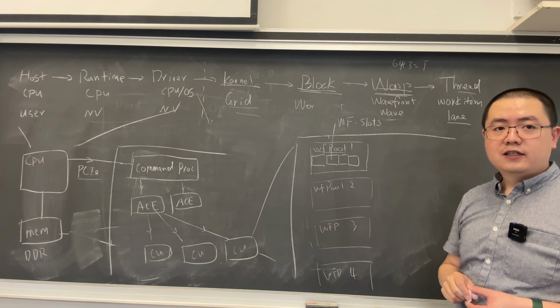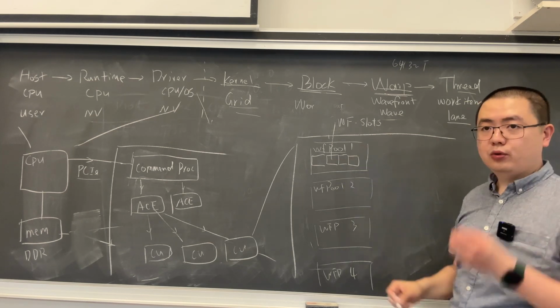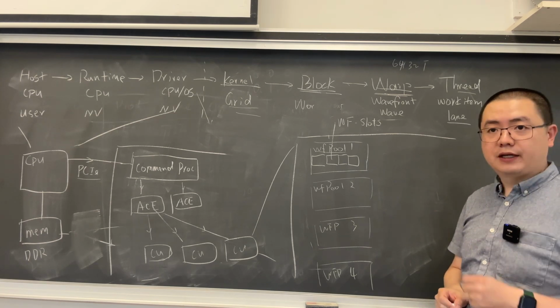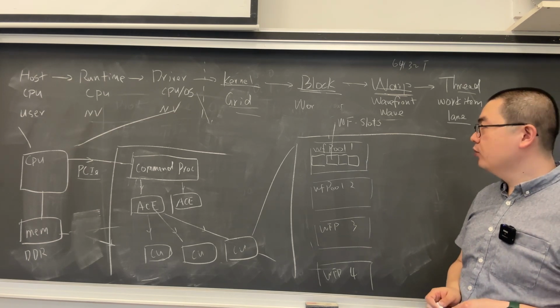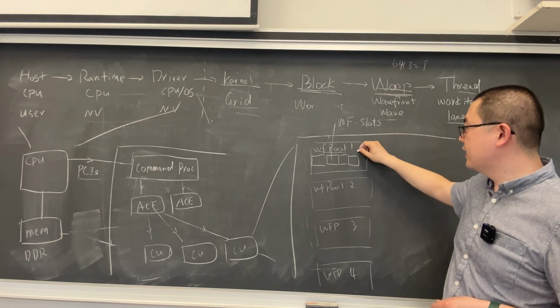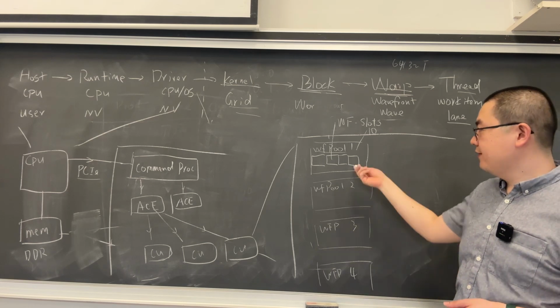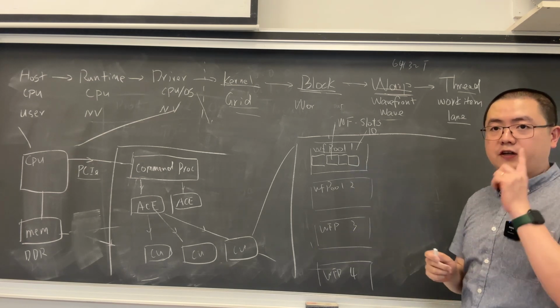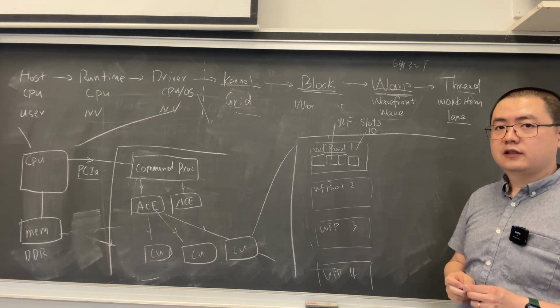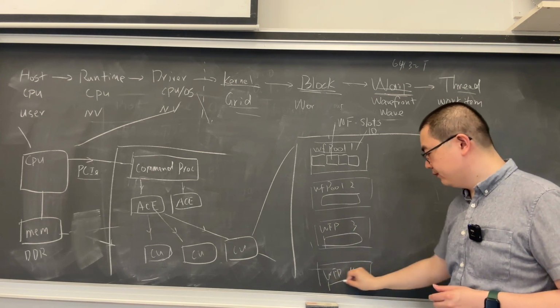Okay, so if there are 4 of them, that means this wavefront pool can hold 4 warps at the same time. Then in most of the designs, in most of the AMD chips, this number is 10. So 10 wavefront slots in one wavefront pool, and 10 wavefront slots in each pool.